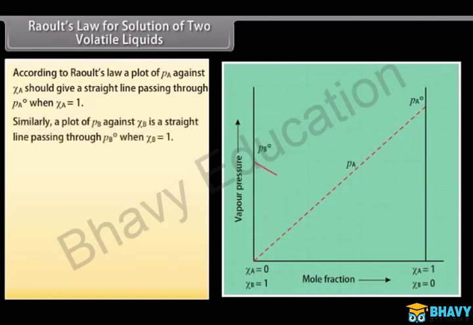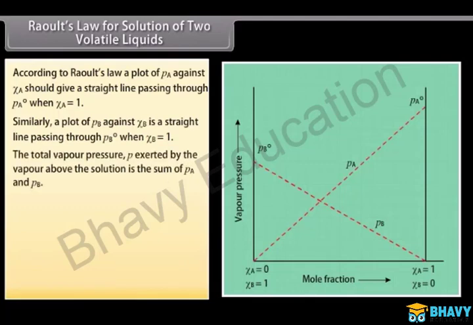Similarly, a plot of PB against XB is a straight line passing through PB° when XB = 1.